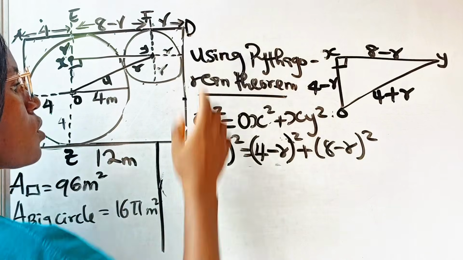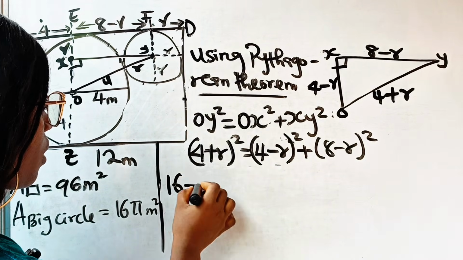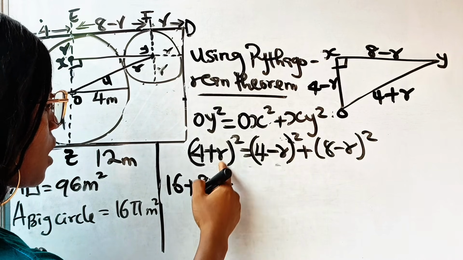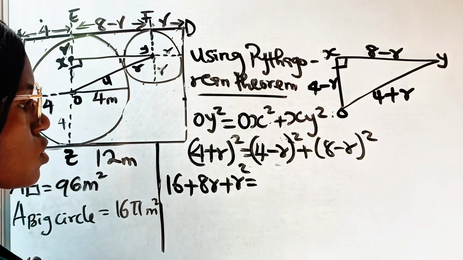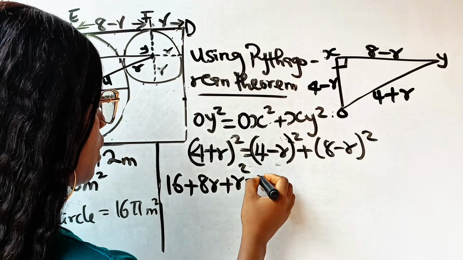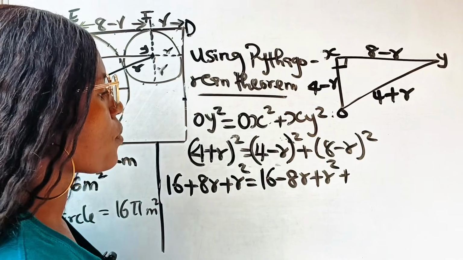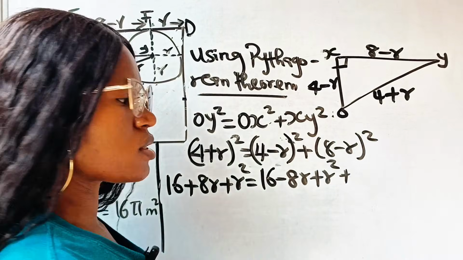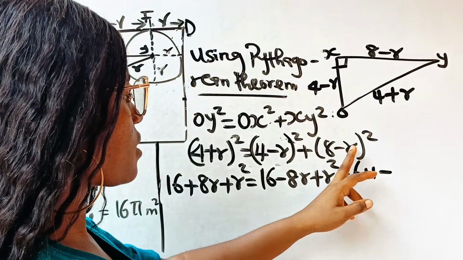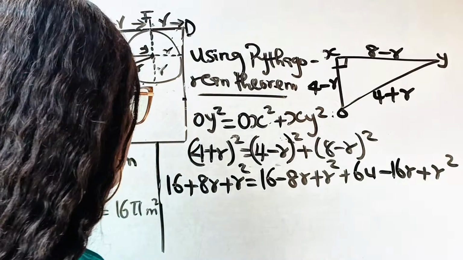So going forward, this will be 4 squared, which is 16, plus 2 times 4 times R, which is 8R, plus R squared, is equal to, so this will be the same except that this place will be negative. So we are going to have 16 minus 8R plus R squared, plus, now this will be 8 squared, which is 64, minus 2 times 8 times R, which is 16R, plus R squared.